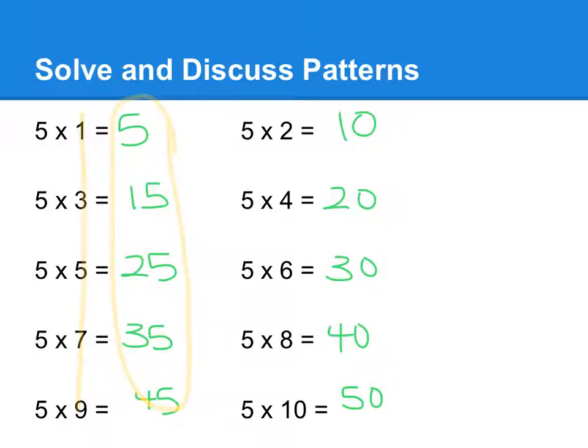All of these odd numbers end in 5. In the right column, we have 5 multiplied by an even number. Multiplying 5 by an even number results in an even answer, all of which end in zeros.